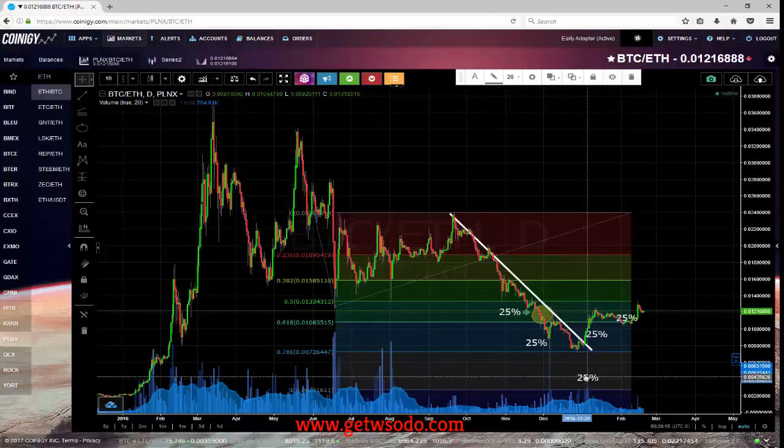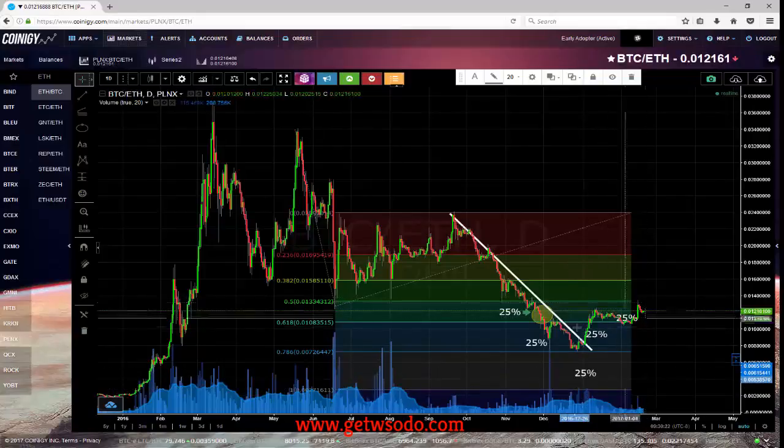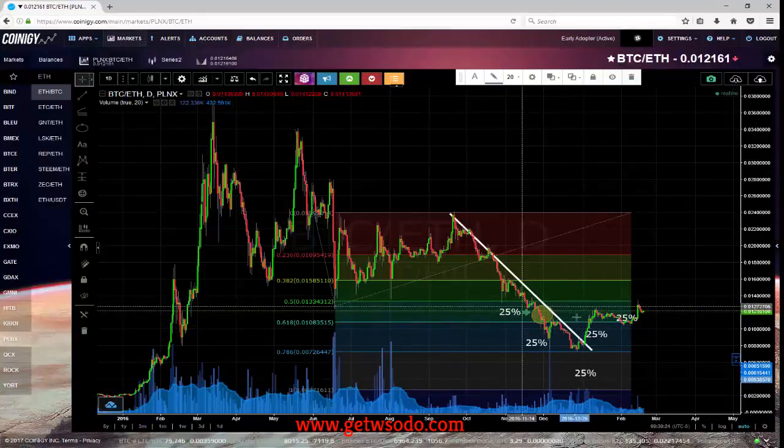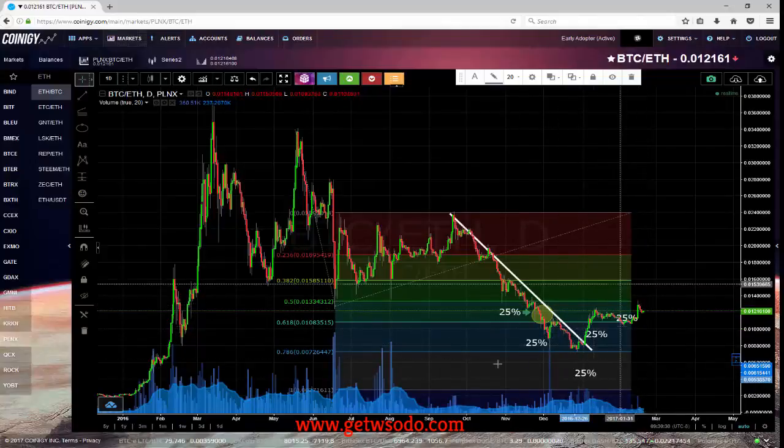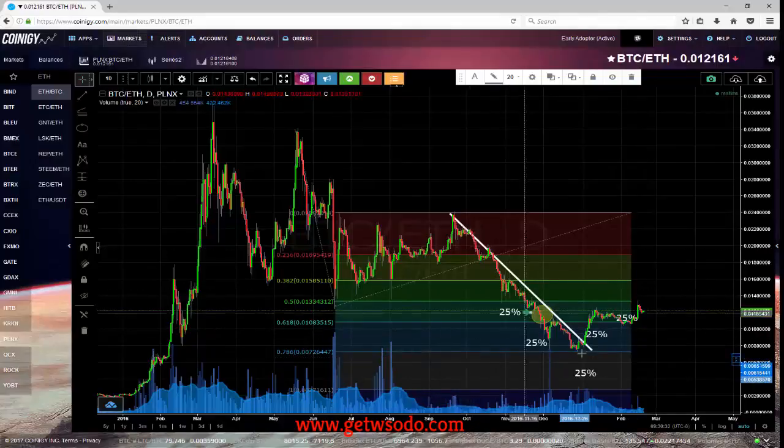This is just as a hedge, right, in case it continues to break down. And then as it bounces, you'll end up in profit. So your cost basis will be down here, and as it bounces, you'll be up in profit. So this is one way of accumulating and cost averaging down through accumulation.